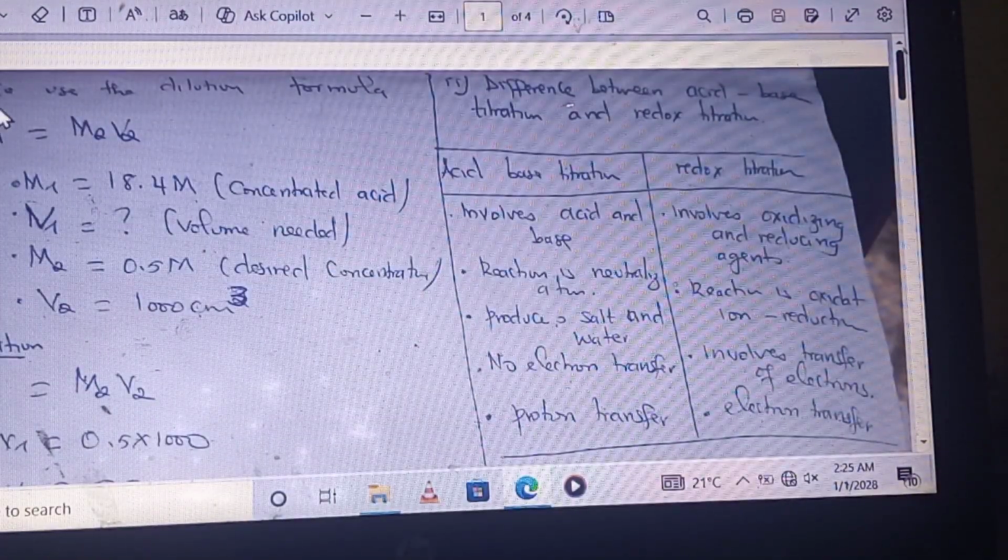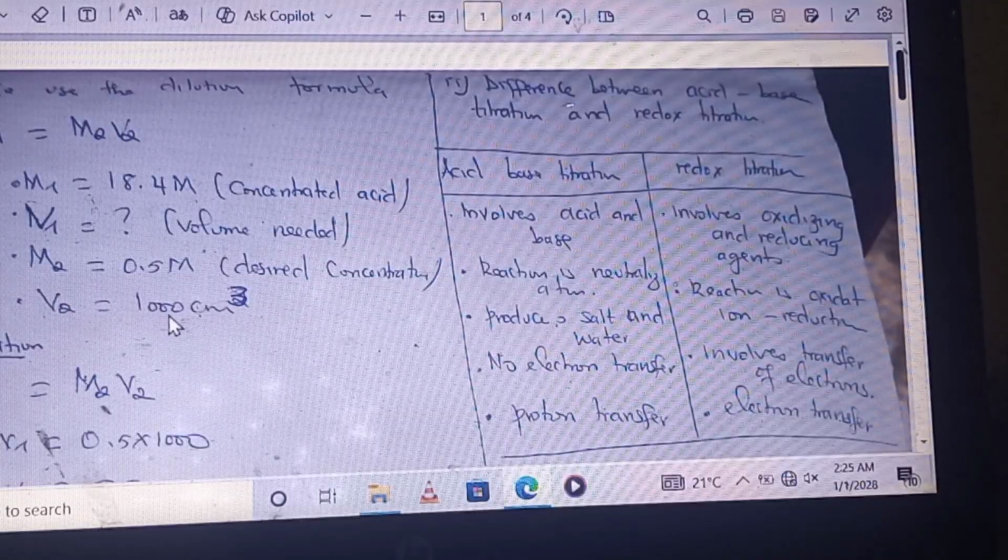As you see here, we use the dilution formula: molarity 1 times volume 1 equals molarity 2 times volume 2. M1 is equal to 18.4 molarity as the concentrated acid, and molarity 2 is equal to 0.5 molarity as the desired concentration.